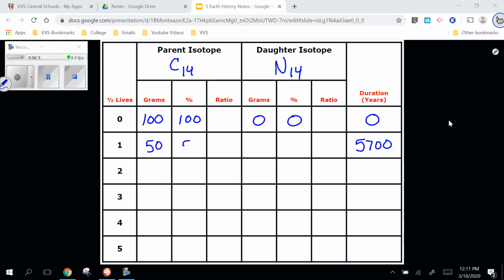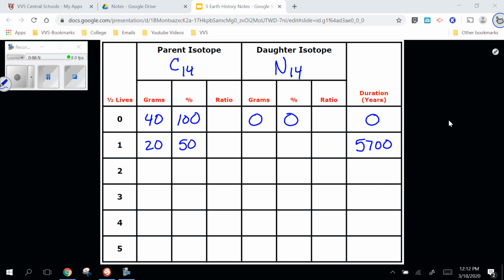Those numbers are bad, so let me use better numbers. Let's say 40 grams of carbon-14 represents 100% of the carbon in its body. After one half-life, it's lost half, so it's down to 50% carbon, which is 20 grams.